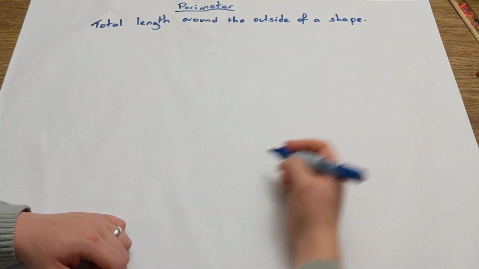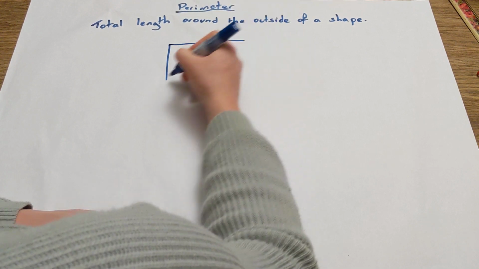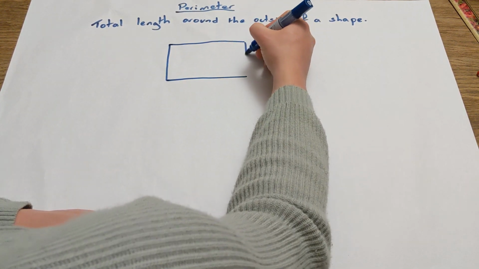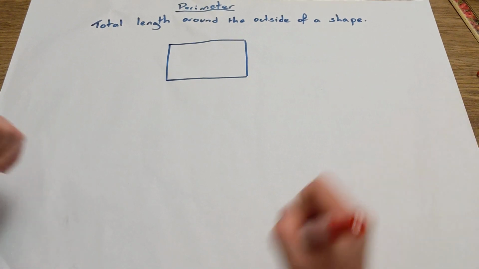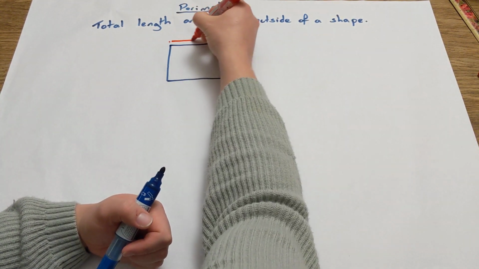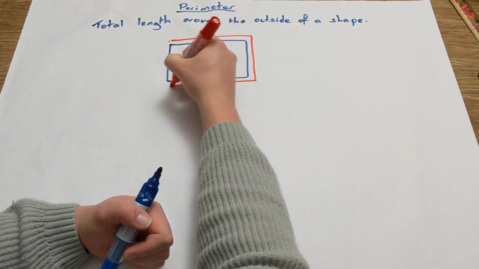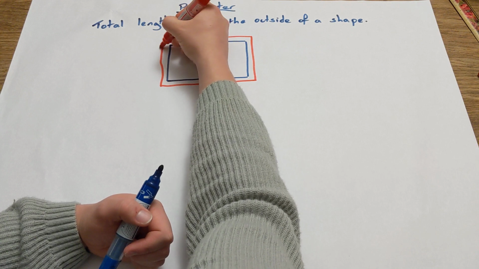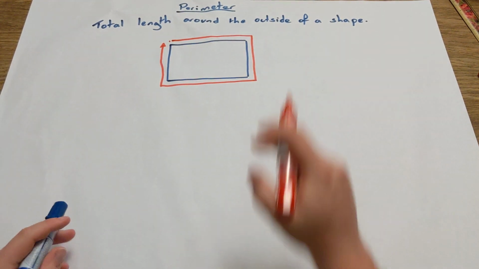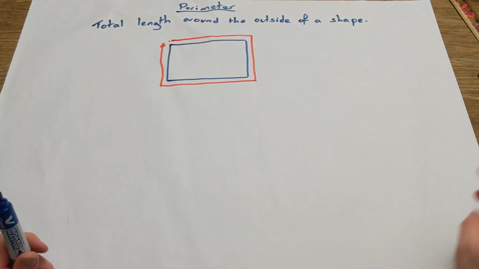Okay, and that means if we've got a very simple shape that looks like this, the perimeter is how far it is if we, say, started here and came all the way around the shape like this, okay? And that's what perimeter is. It's how far it takes us to get all the way around the outside edge of a shape.